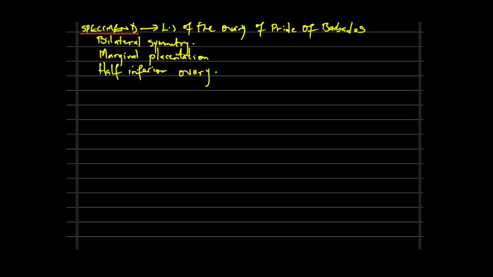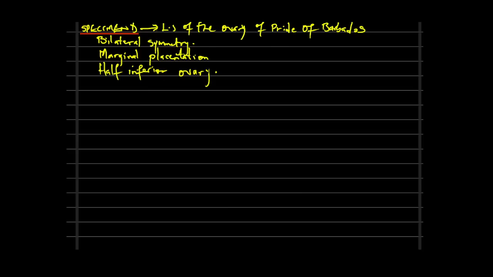When you have the receptacle to be lower in position than the floral part of the plant, that is called the inferior ovary. And when the receptacle is carrying the floral part, that is the half inferior ovary, like the one we are talking about now for the Pride of Barbados.